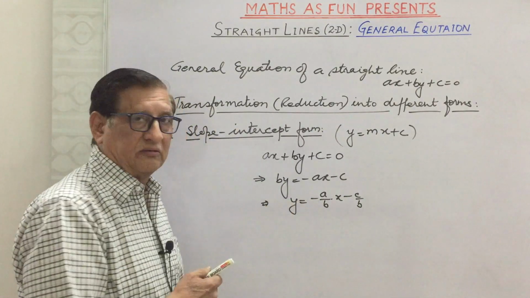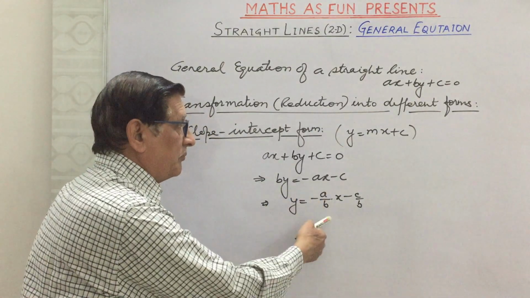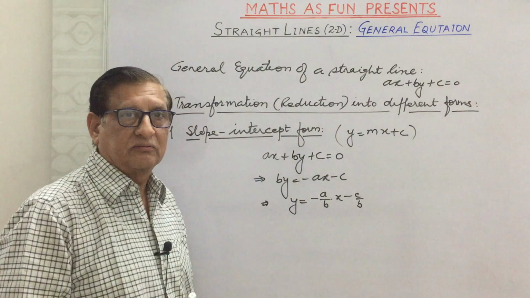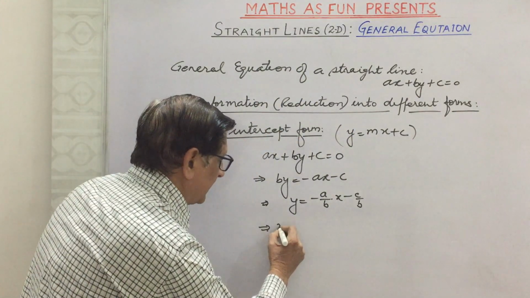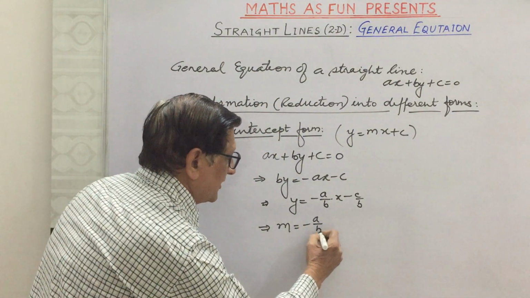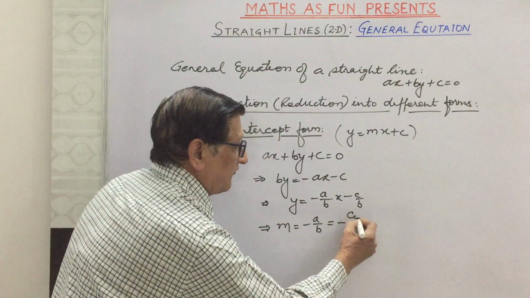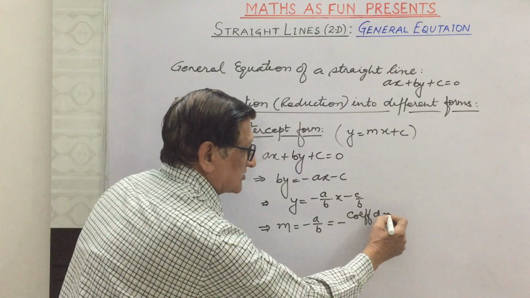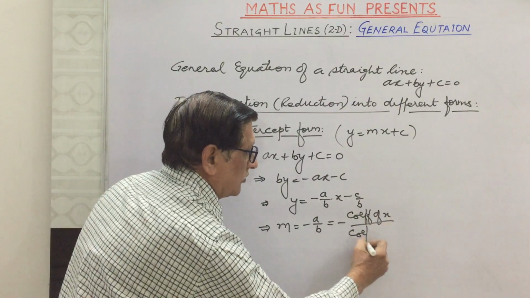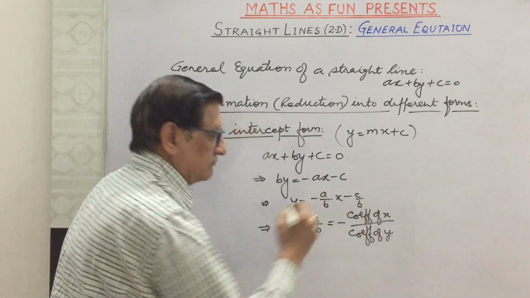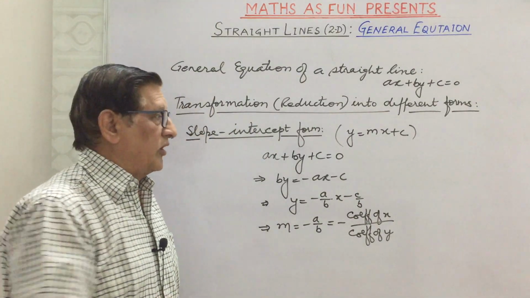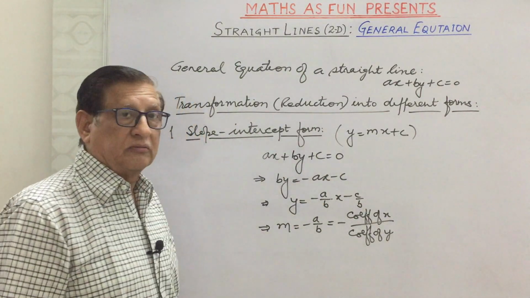What we find here? Minus a upon b is the slope of the line, that is m. It means we are finding m is minus a upon b. That is what? That is coefficient of x upon coefficient of y. What about the intercept?